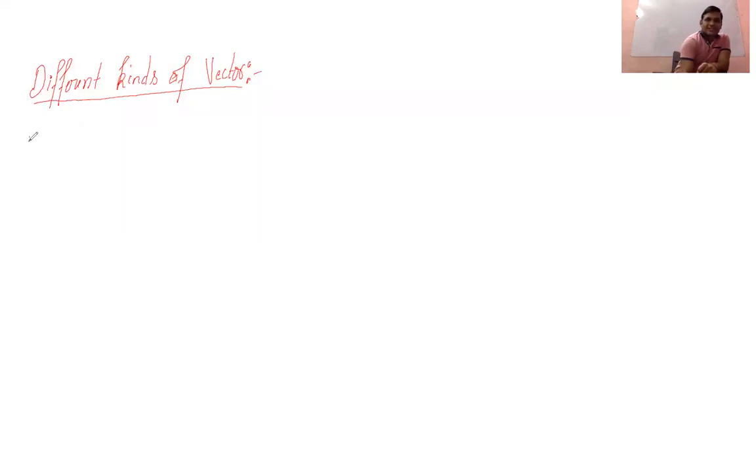So first we'll discuss the equal vector. What is basically the equal vector? Two vectors are said to be equal when they have equal magnitude and act in the same direction.